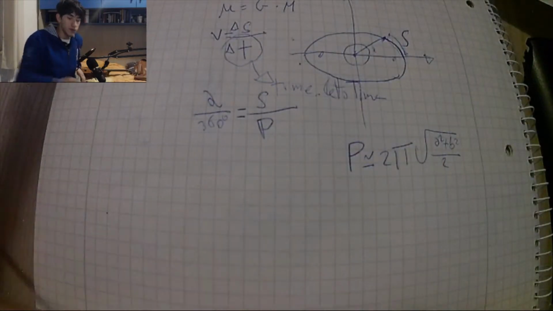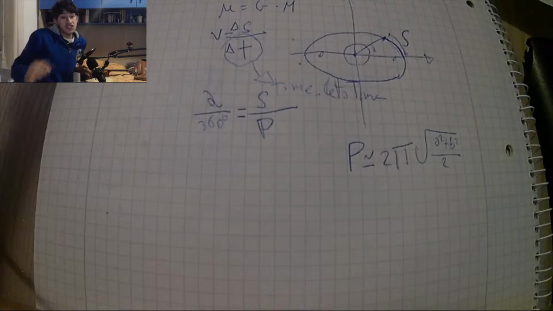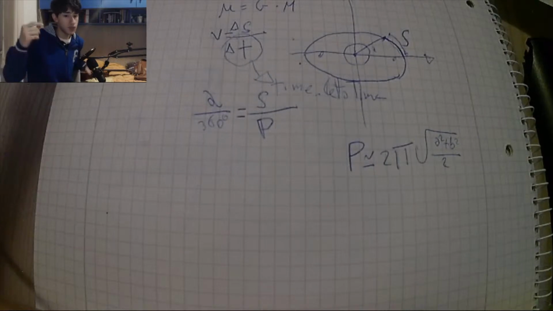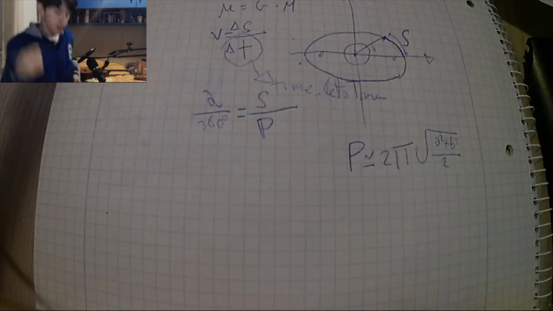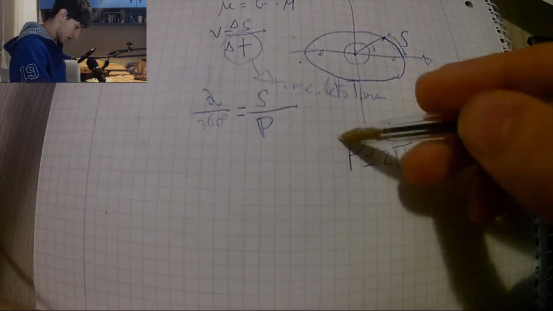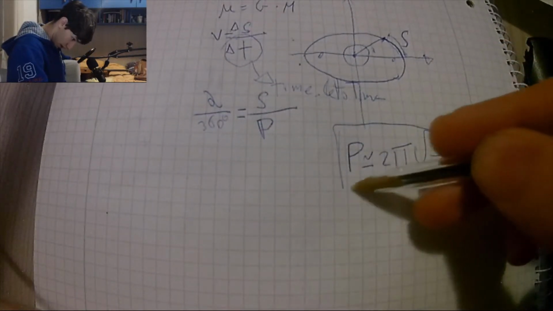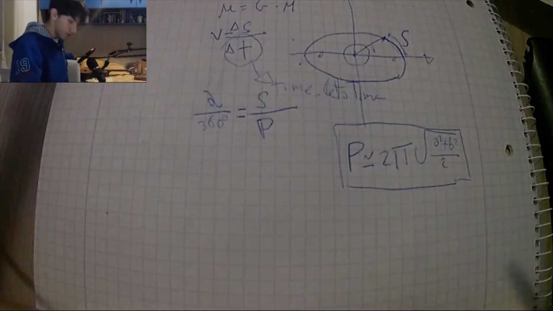So we want to consider it something like a circle and consider the radius as the geometrical average of the semi-axes. This is actually a rough approximation, but for near circular orbits it's not going to be a problem at all. So we defined a rough approximation of the perimeter.